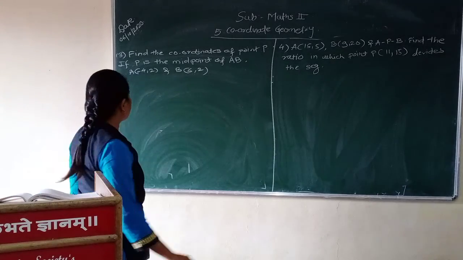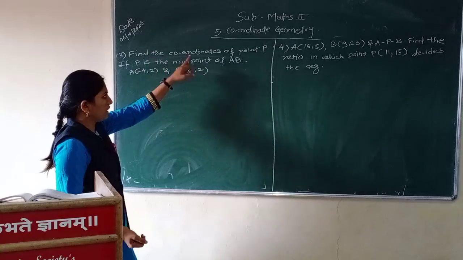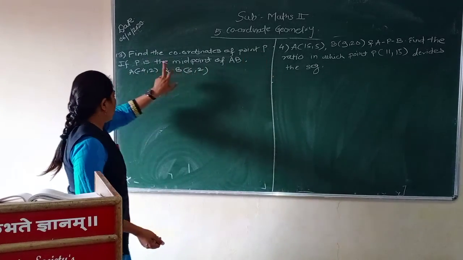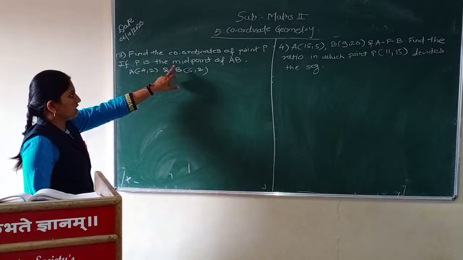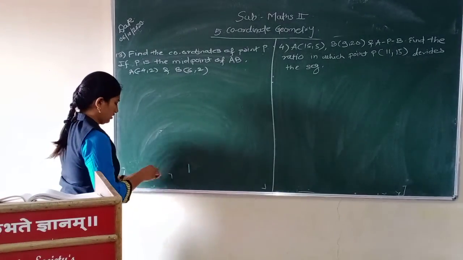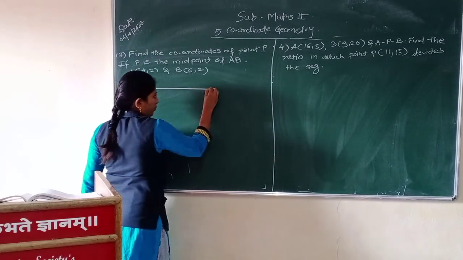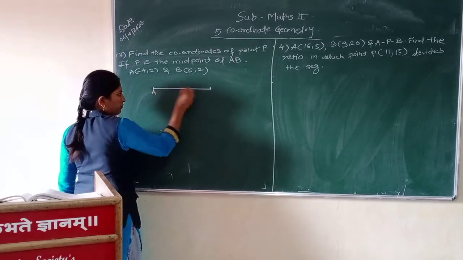See, the next example is to find the coordinates of point P, if P is the midpoint of AB.